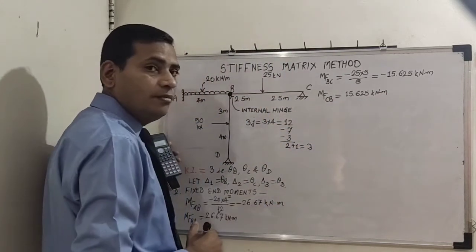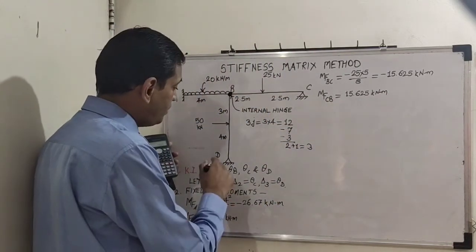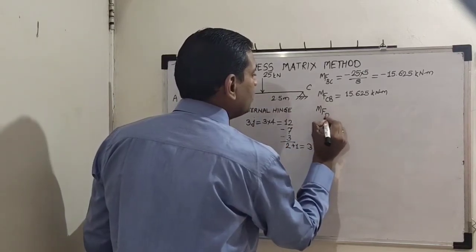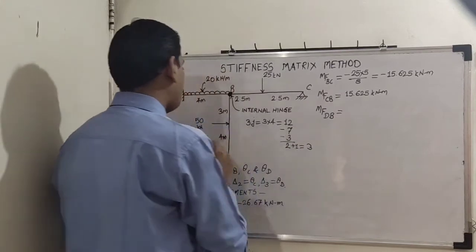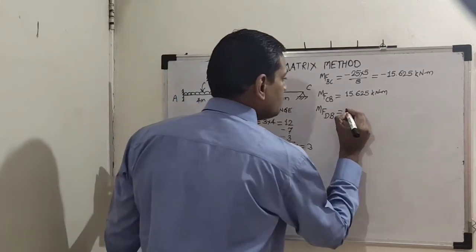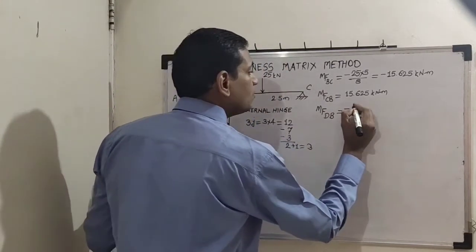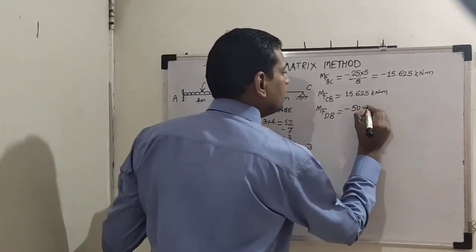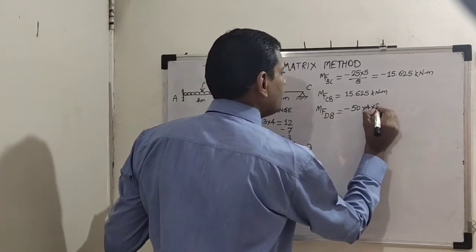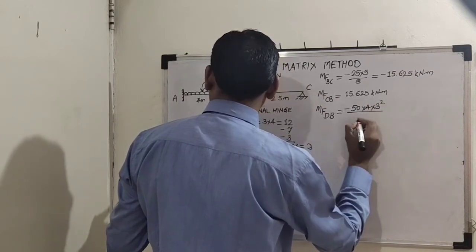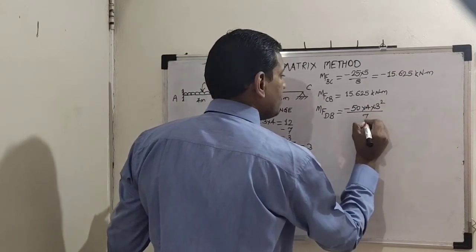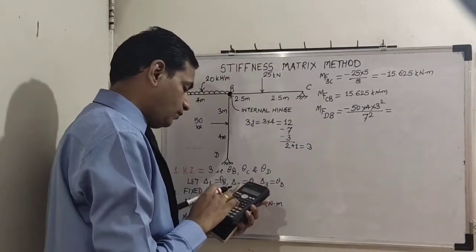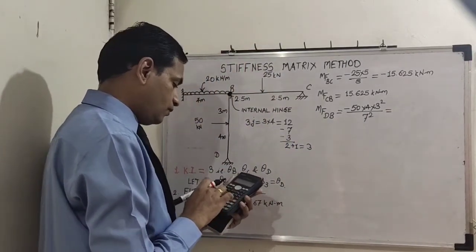The last one is BD and DB. We shall start with D. So MFDB, it is an eccentric point load, so minus WAB square by L square. So minus 50 into A, which is 4 meter, into 3 square upon 7 square. So 50 into 4 into 9 upon 49.